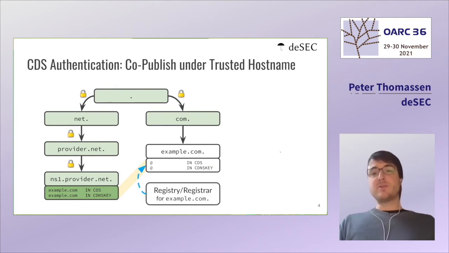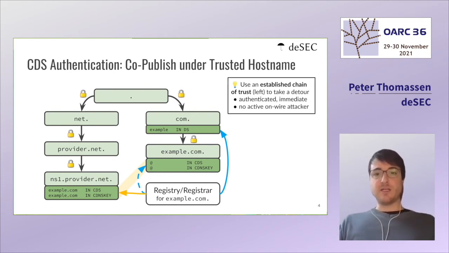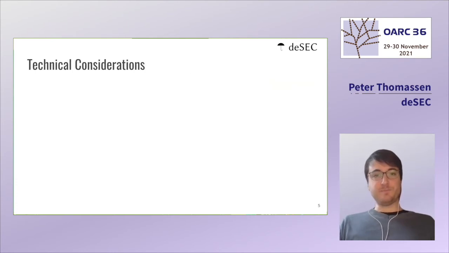So then the registry and registrar can come, look at the child zone, validate that against the records in the name server provider's zone, and secure the customer's delegation at the parent. So we use an established chain of trust on the left to take a detour, and we get an authenticated, immediate way for publishing DS records at the parent that is resilient against active on-wire attackers.